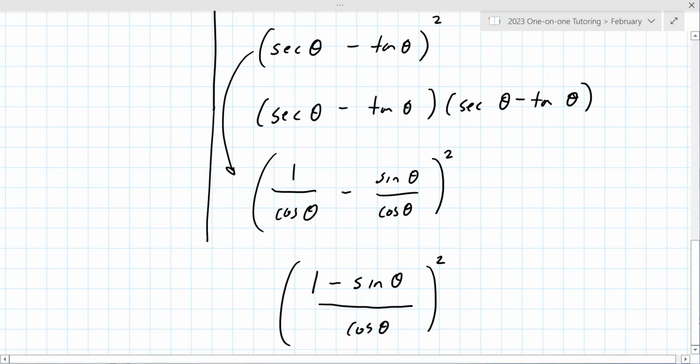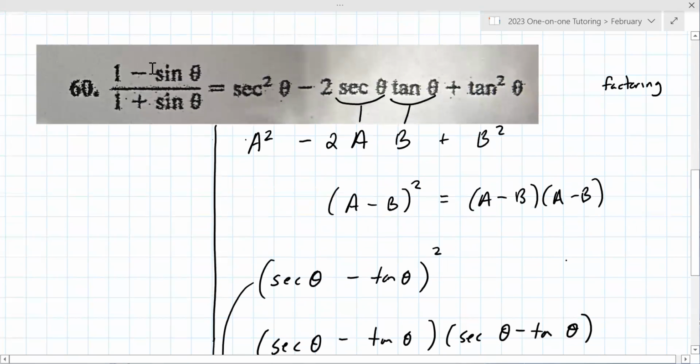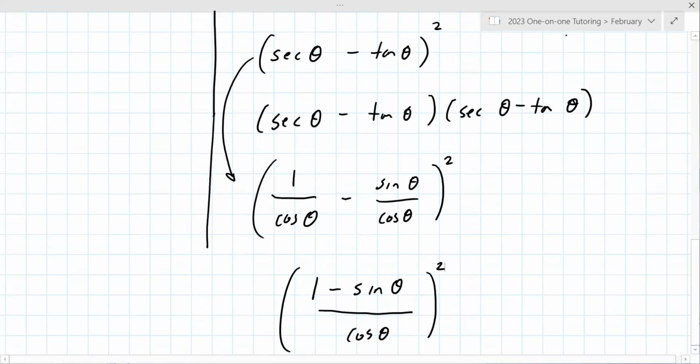If you go back up, you have the 1 minus sine theta now. That's good. Well, the 1 would equal 1 over 1. We can't, like this is in parentheses. You don't want to manipulate that.